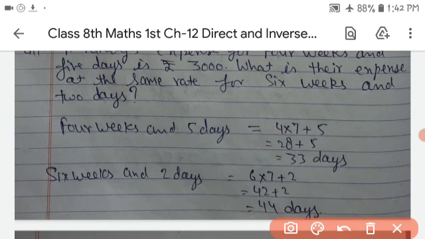Now 4 weeks and 5 days, convert weeks into days. 4 weeks means 4 into 7 plus 5 days. 4 sevens are 28, 28 plus 5 is equal to 33 days. Now 6 weeks and 2 days means 6 into 7 plus 2. 6 sevens are 42 plus 2 is equal to 44 days.